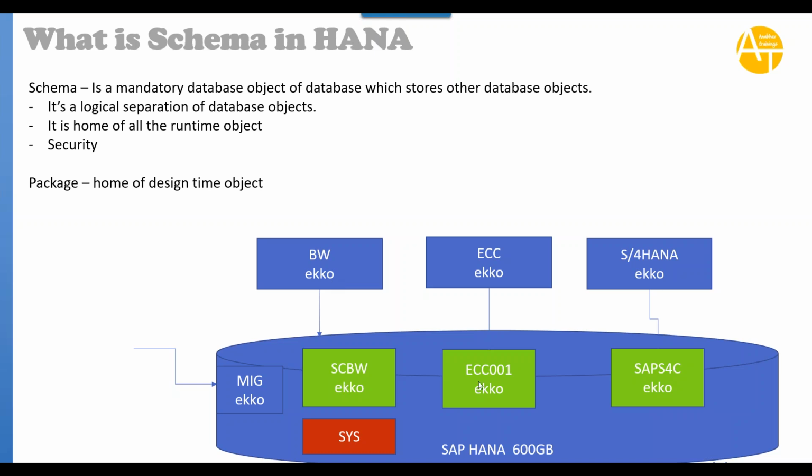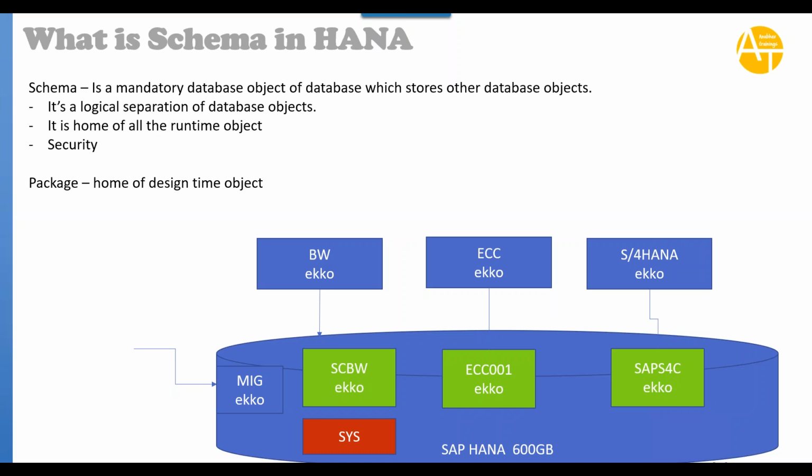Now, since you created three schemas, all three schemas can have an EKKO table, and they store data related to BW, ECC, and S/4 separately. So inside the schema, you store your runtime objects like tables. Each schema has a different table, though the table name is the same, with a different data set for different ABAP systems.